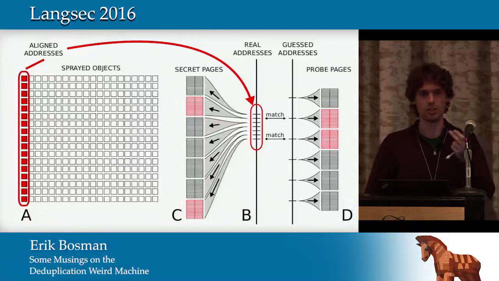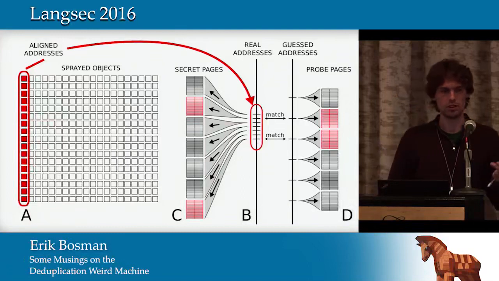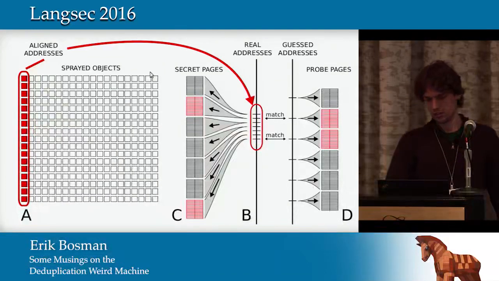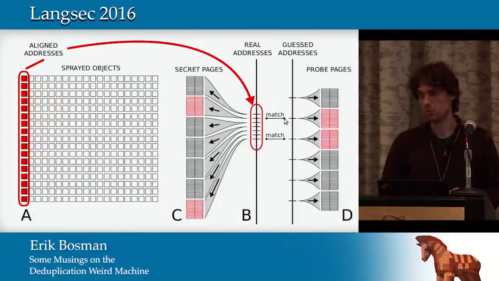So we know the least significant bits, and these objects represent pointers which are very close together, and then in our probe pages, those are pages we guess might be in the address space. We take big jumps and cover the whole address space, and then we get matches and recover the pointers that we are looking for.